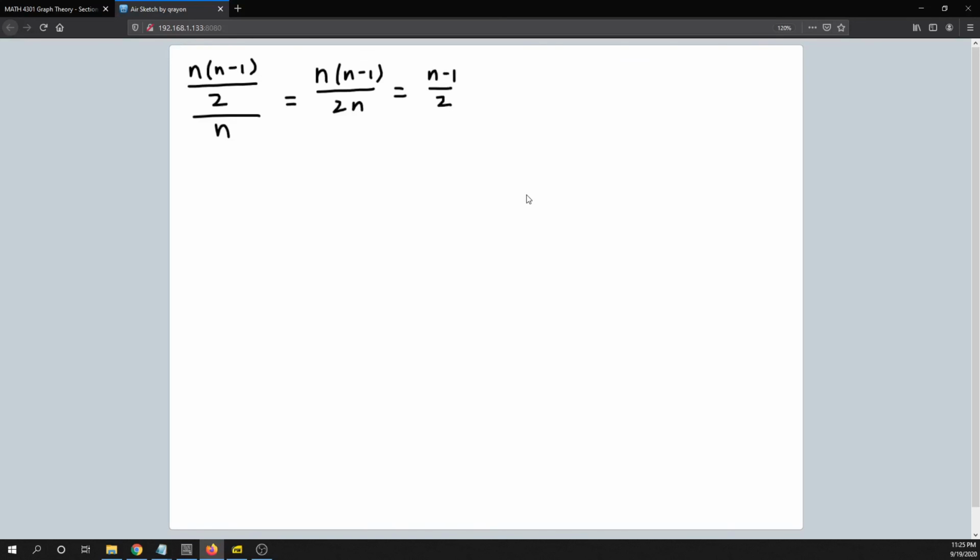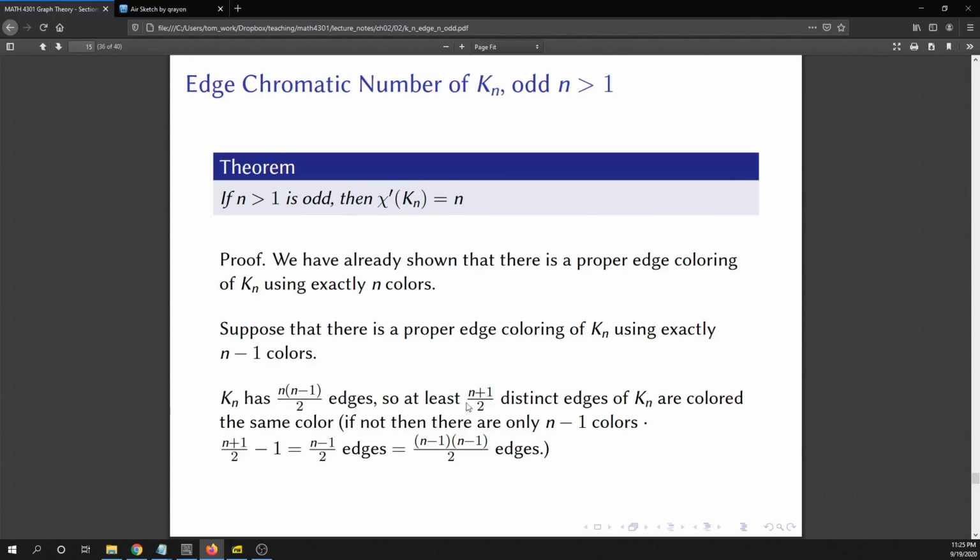That's just what we were doing before when we were talking about K7. And then what we are going to do is add 1 to that. When we do that, we get n plus 1 over 2, getting a common denominator and then combining. So that's where this number n plus 1 over 2 is coming from.